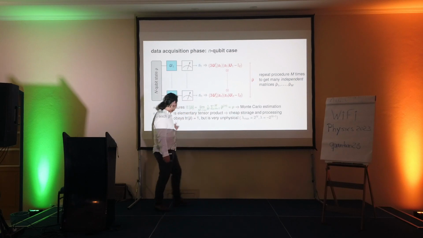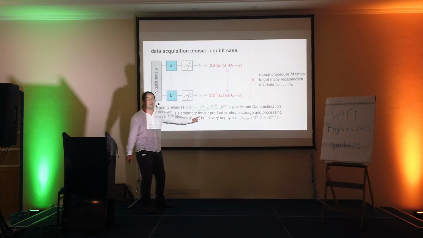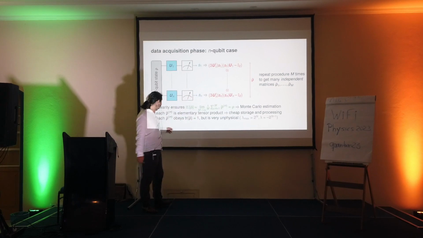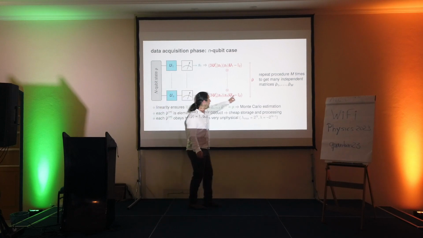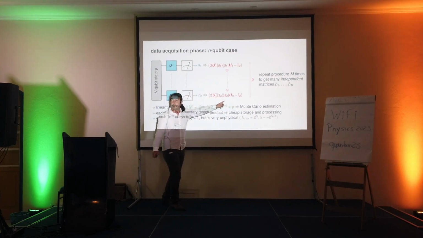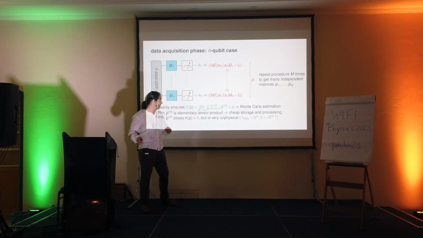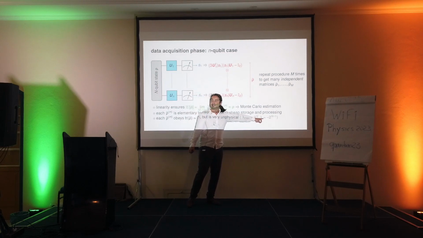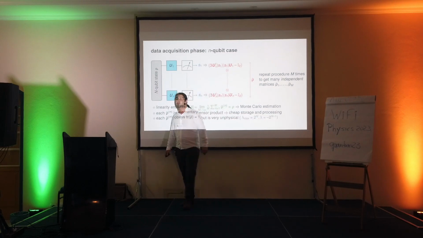And the price you pay is that you're completely unphysical, because each of these elementary guys has a negative eigenvalue. A saving grace is that each of these guys, if you take the trace, is 1. So it's a bit like a density matrix. But if you really compute the eigenvalues of these guys, you will be scared, because the largest eigenvalue is 2 to the n, and the smallest eigenvalue is minus 2 to the n minus 1.